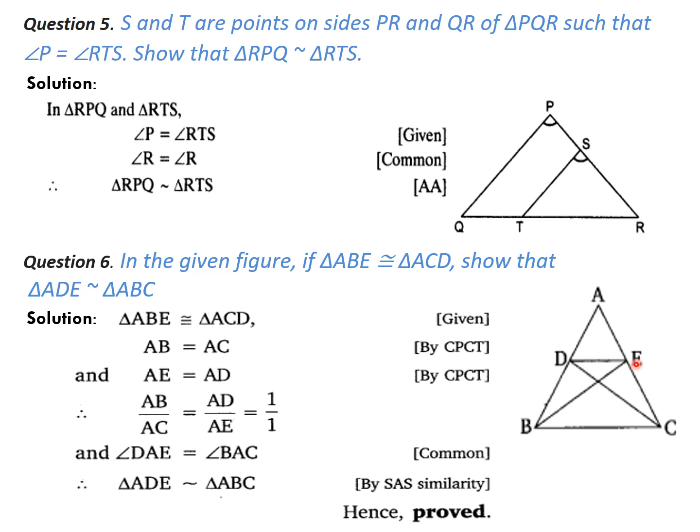The ratios are equal. For the triangle ABC, we are taking AB and AC, and for the triangle ADE, we are taking AD and AE. So they are equal, and the angle between them, DAE and BAC, is also common. Therefore by SAS similarity criterion, ADE will be similar to triangle ABC.